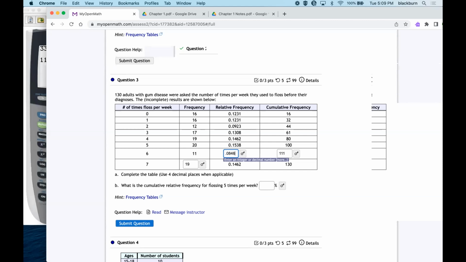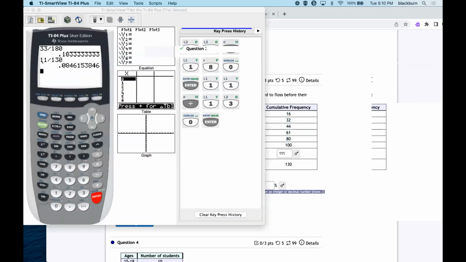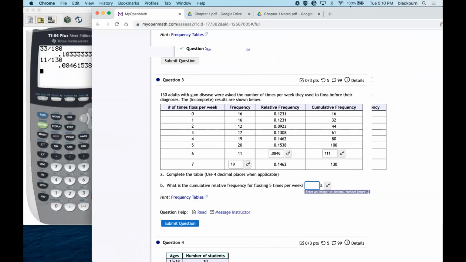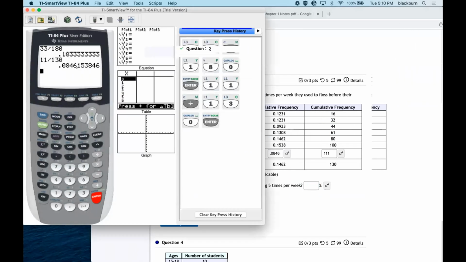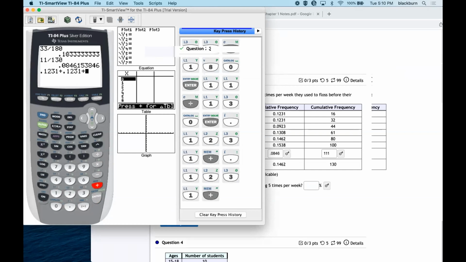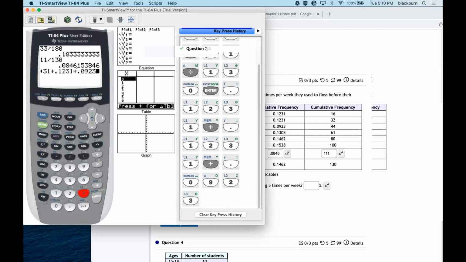So now cumulative relative frequency is the percentage added up. So we actually have to add these 6 relative frequencies up right here, and that's what's going to go down here in that box. So let's see. 0.1231 plus 0.1231 plus 0.0923.